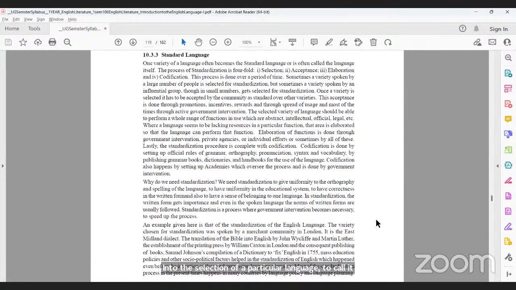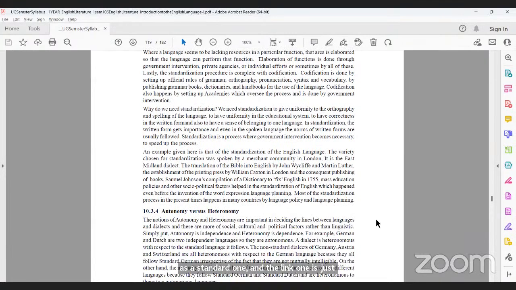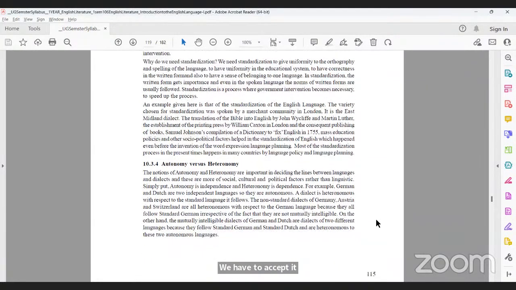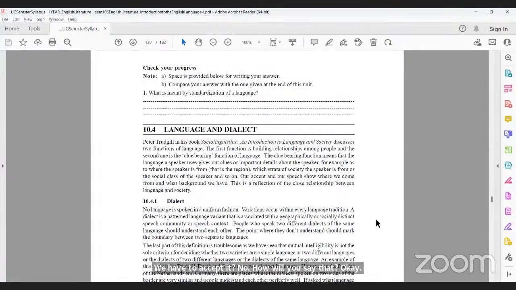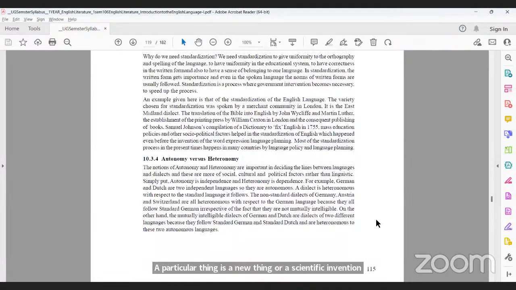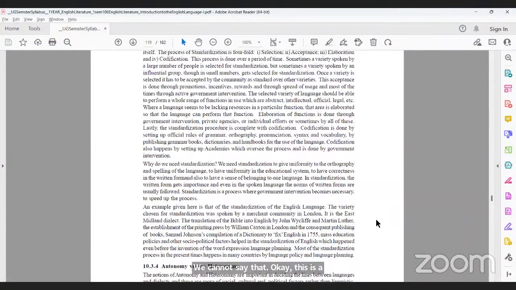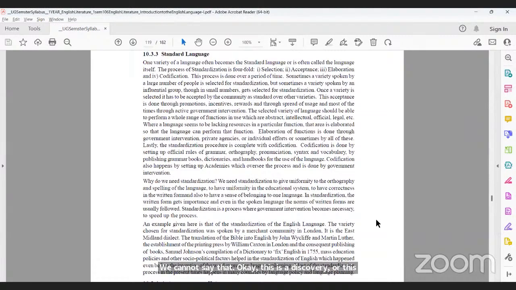And the next one is acceptance, right? We have to accept it. Now, how will you say that a particular thing is a new thing or a scientific invention? We cannot say this is a discovery or an invention until and unless that discovery is accepted by a large number of the population, right?